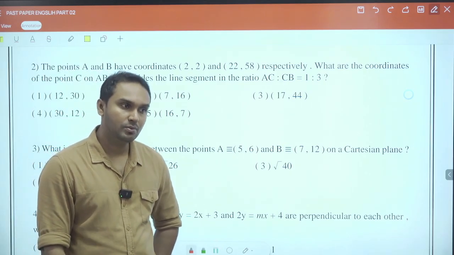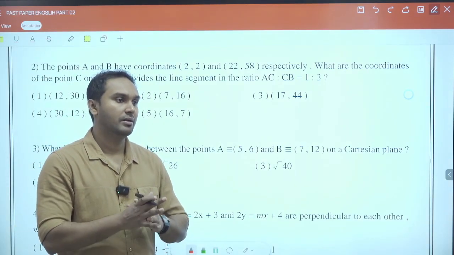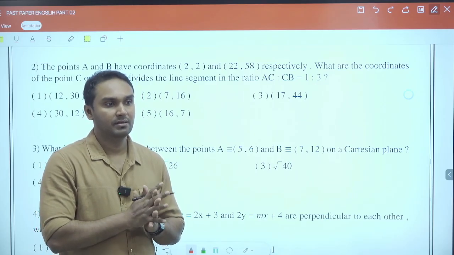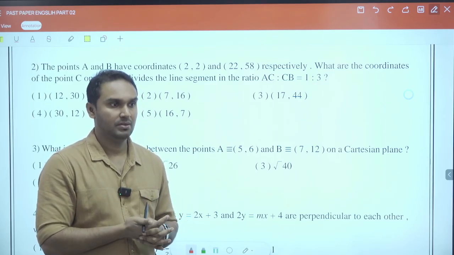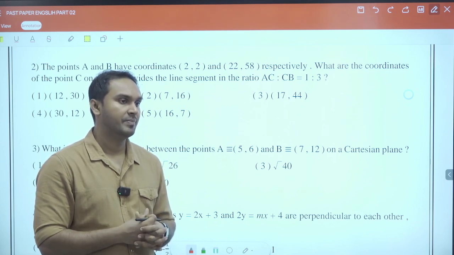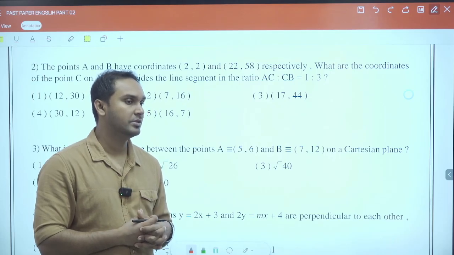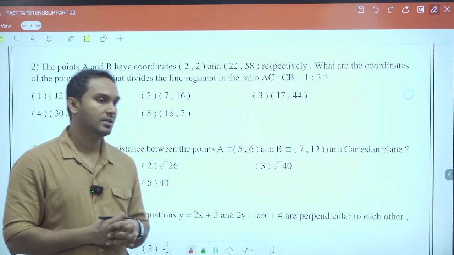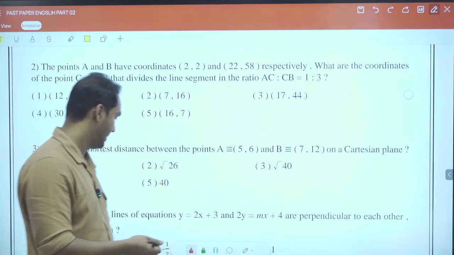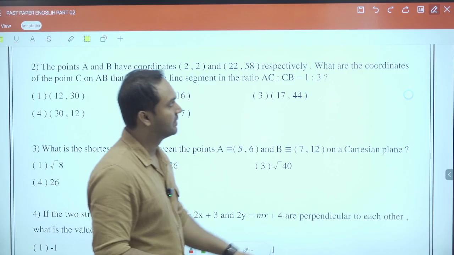There are two equations depending on the ratio. If the ratio is 1:1, that is, it divides evenly, there's one equation. If it doesn't divide evenly, if it divides in a ratio which is not 1:1, there's another equation. What is the equation? How do you find the coordinates of the dividing point?